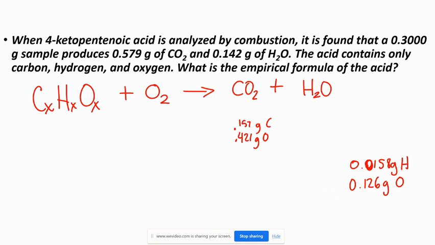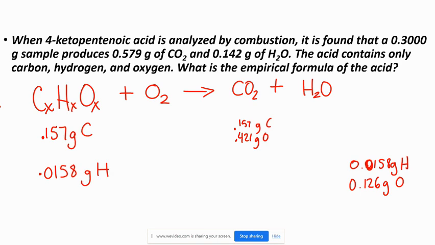All right. You know now how much carbon is in this compound. This compound has 0.157 grams of carbon. This compound has 0.0158 grams of hydrogen.